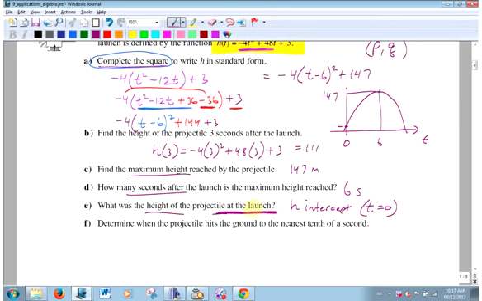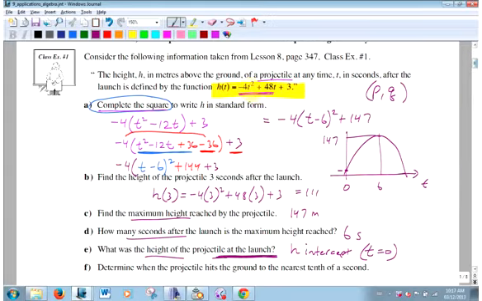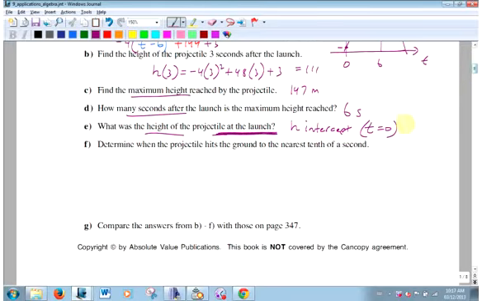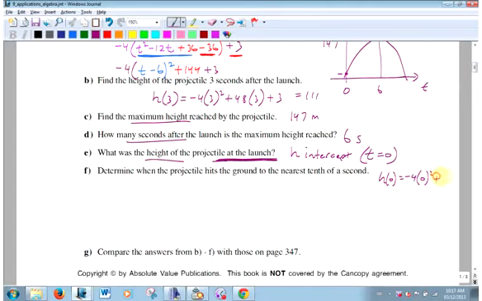Okay? And that's easy graphically to figure out, because that is just, well, they didn't give me much space here, but let's write it out. h of 0 is minus 4 times 0 squared minus 40 plus 48 times 0 plus 3, and that of course is 3 meters.